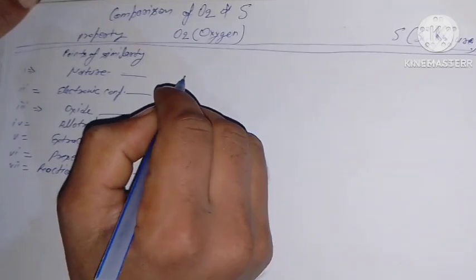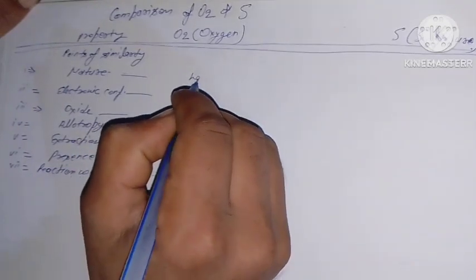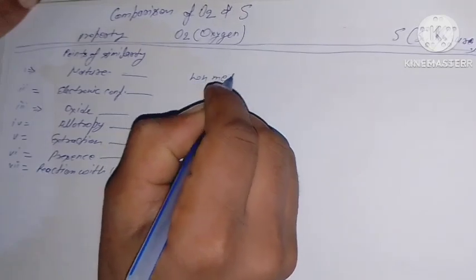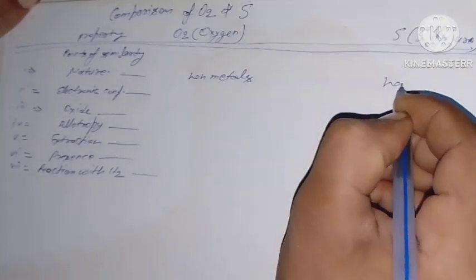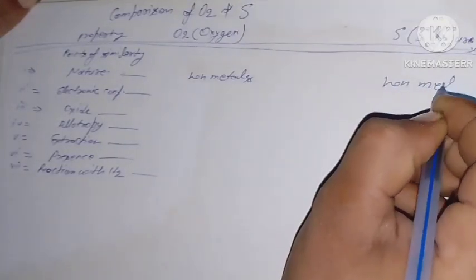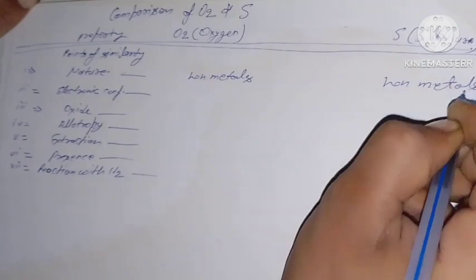Oxygen is non-metal, and sulfur is non-metal.